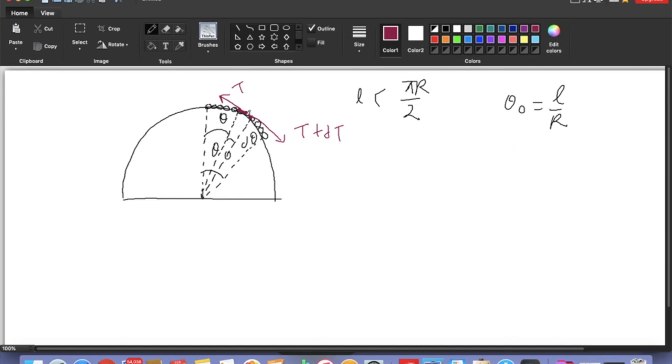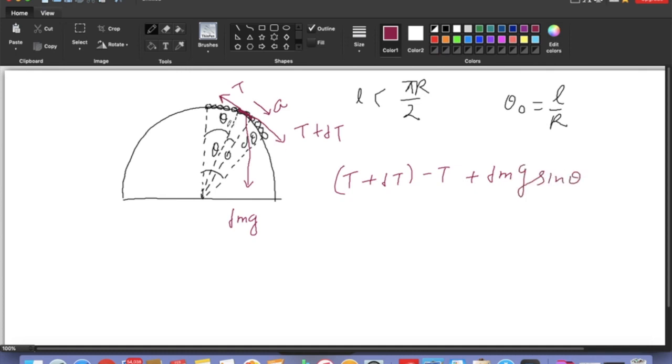With that, there is a gravitational force in the downward direction, dm into g. One component of this force dmg will be along the tangential direction, and the acceleration of the elementary part is also along the tangential direction. So if I apply Newton's law along the tangential direction, I can write T plus dT minus T plus dm g sine theta.